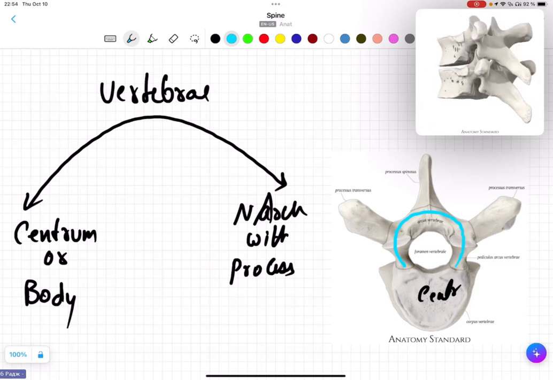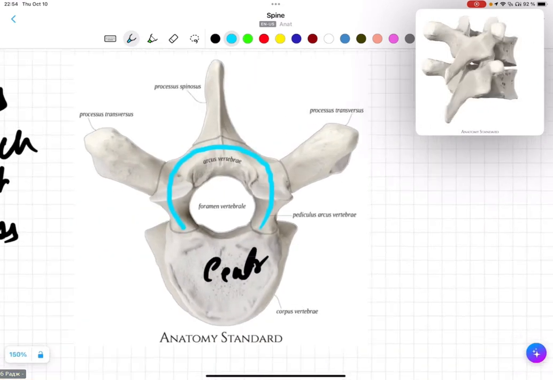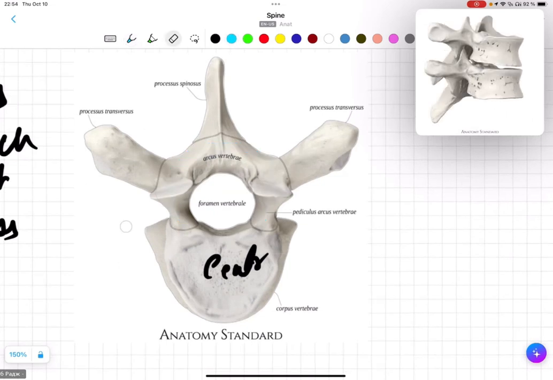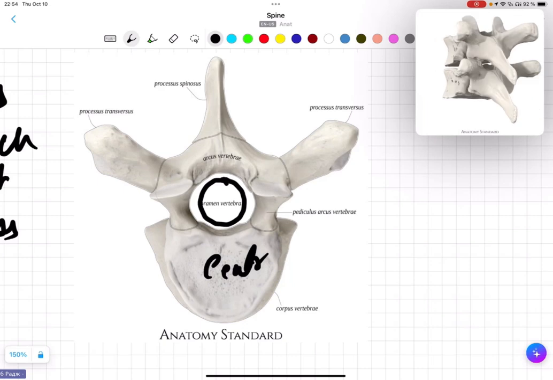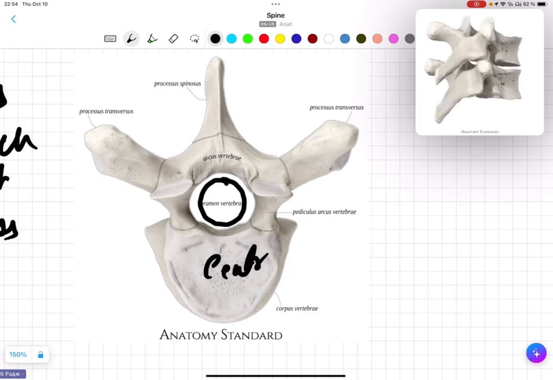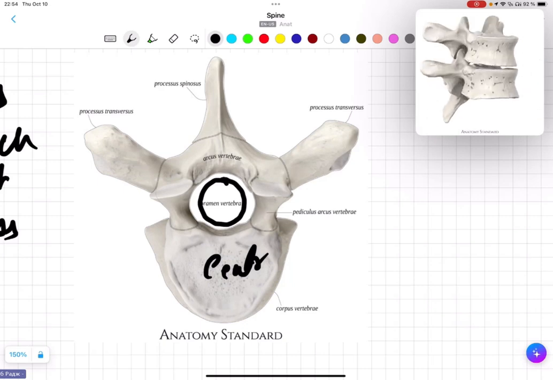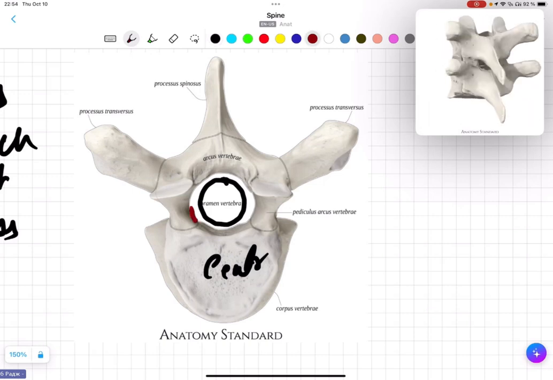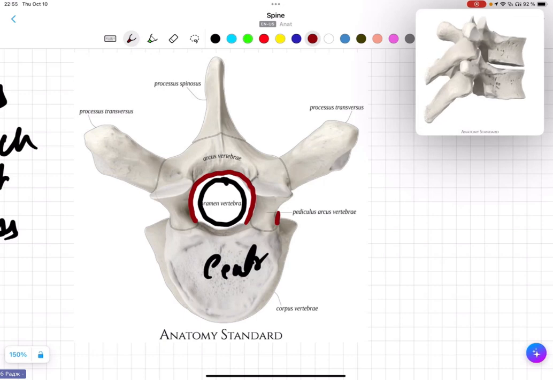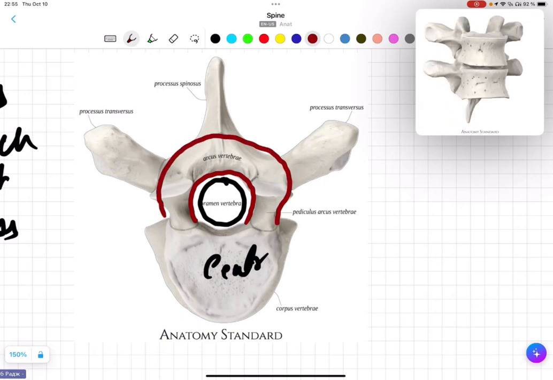Can you tell me why this is known as the neural arch? Because the spinal cord passes through it. Yes, the spinal cord is present in this part, and the spinal cord is a part of the nervous system. So an arch which surrounds it is known as the neural arch, right?